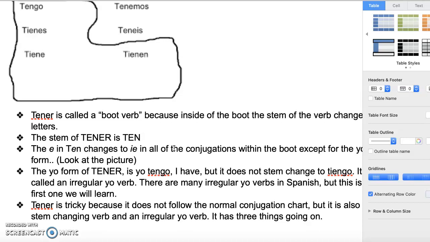But we learned that tener is a boot verb, but tener is also an irregular yo verb. So I write that down somehow, that tener has two different things happening. It's a boot verb, which makes it a stem changing verb, but it's also an irregular yo, because I don't have teno, T-E-N-O, I have tengo, T-E-N-G-O.